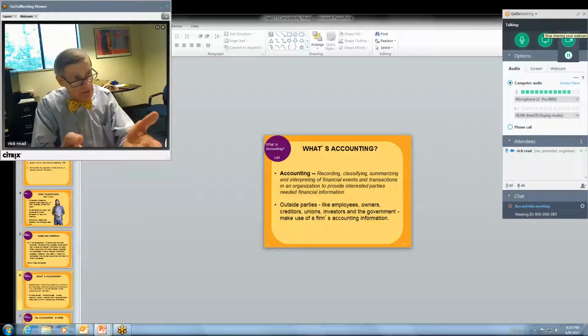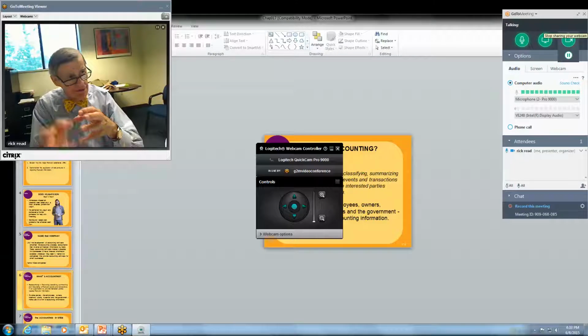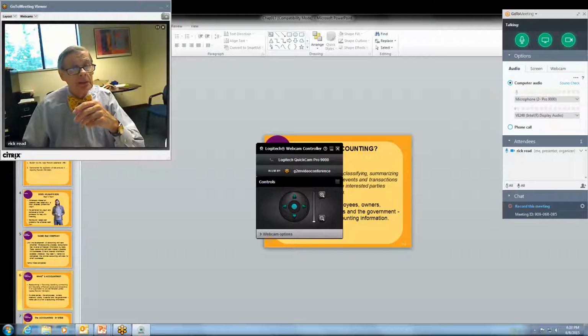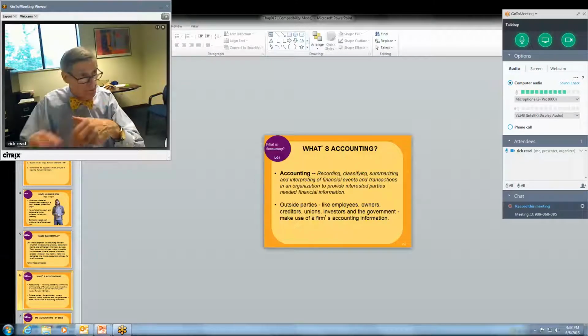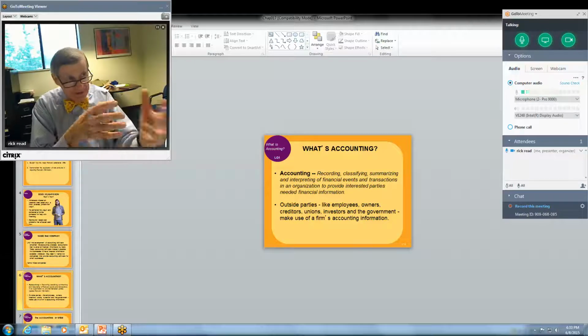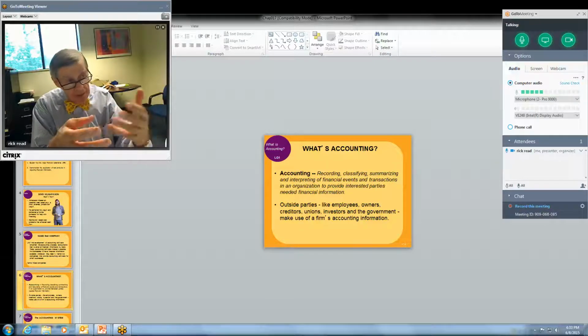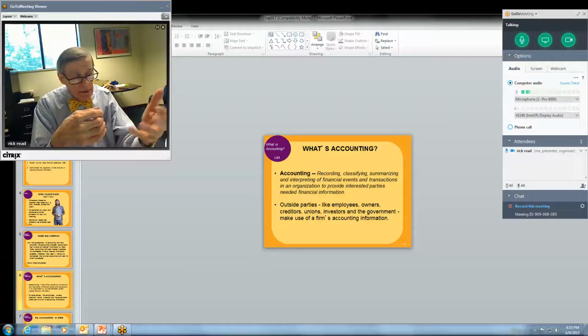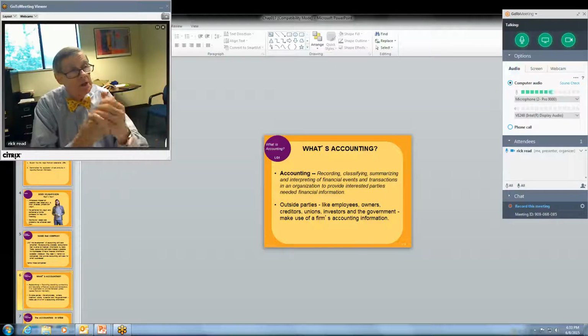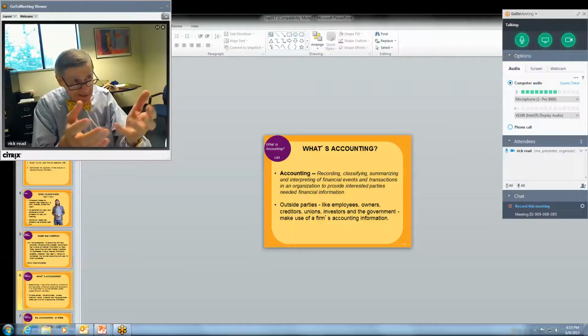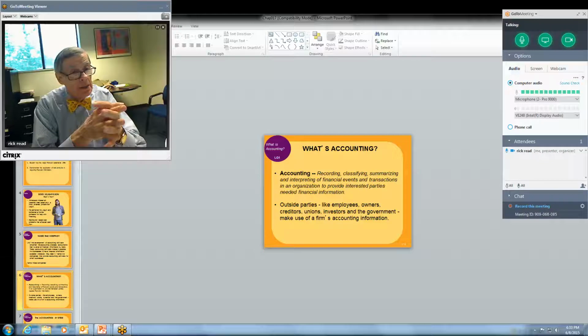And down here it talks about outside parties. Now, outside parties, notice it mentions employees here, and I know you'll say, and I agree with you, that employees are not outside parties, but this is talking about employees who are perhaps not into that segment of the operation, are not into the accounting piece, they're not into making decisions and a few other things. So it's everybody who has a need to know about what's going on.